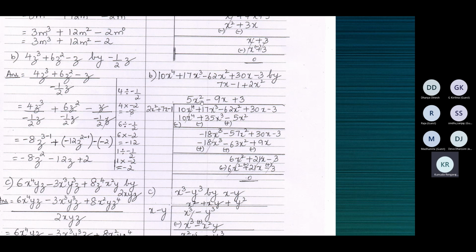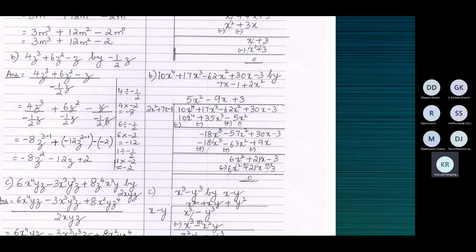You're multiplying 5x square with these 3 terms in the divisor, and the result we write here. X power 4 term, one below the other, x cube terms, x square terms.